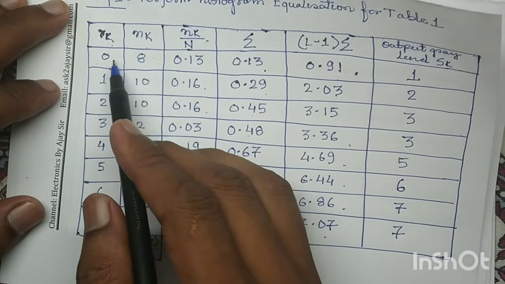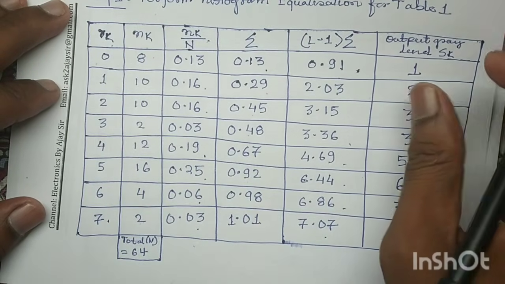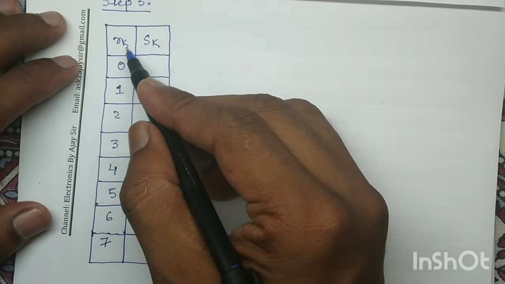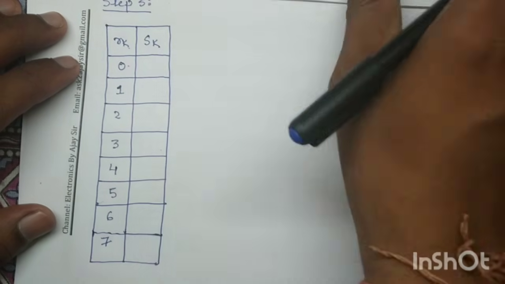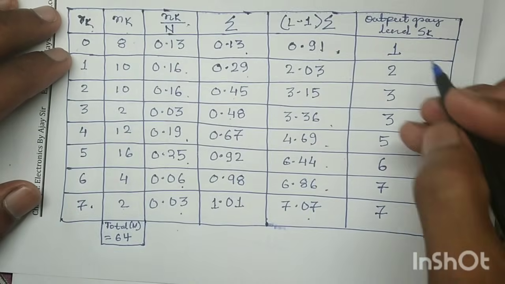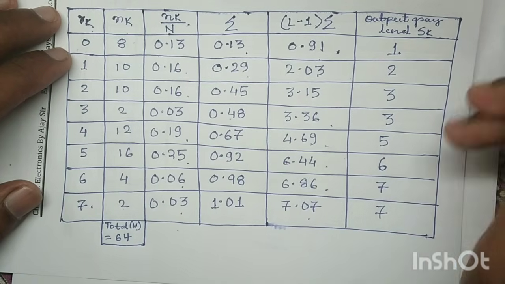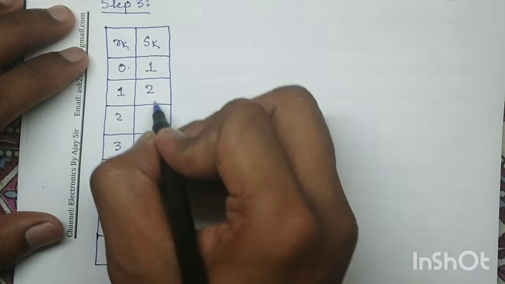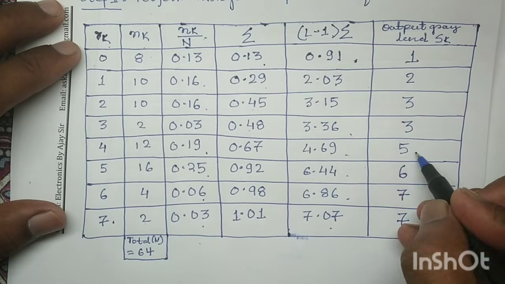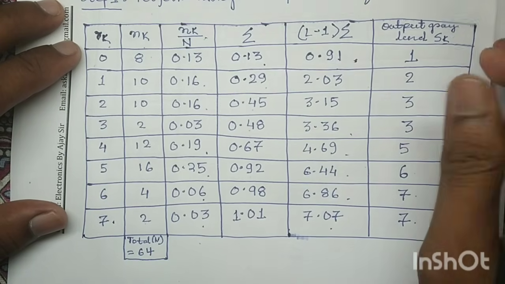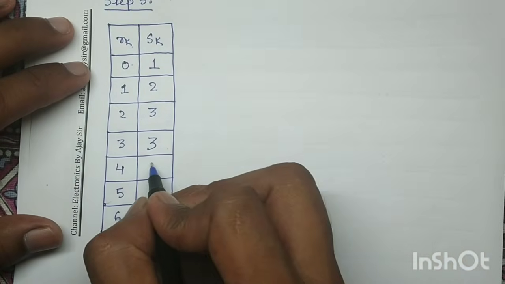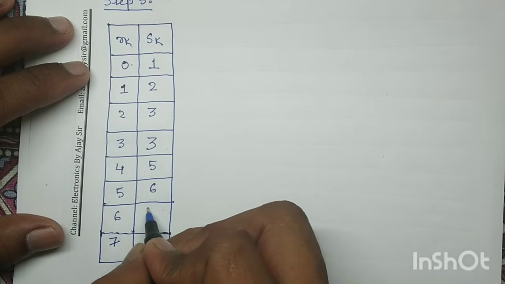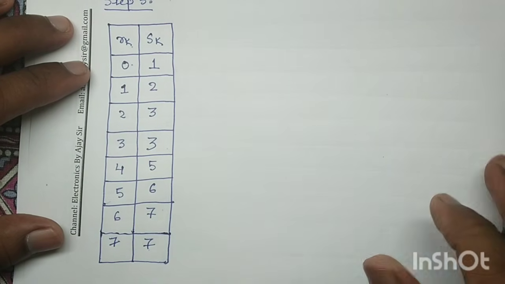So RK is varying from 0 to 7. So here I have written RK varies from 0 to 7, and the corresponding SK values are 1, 2, 3, 3, 5, 6, 7, 7.